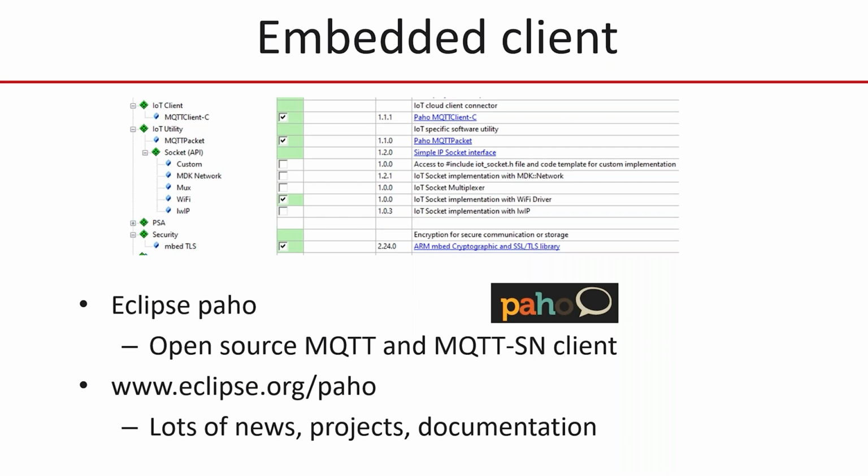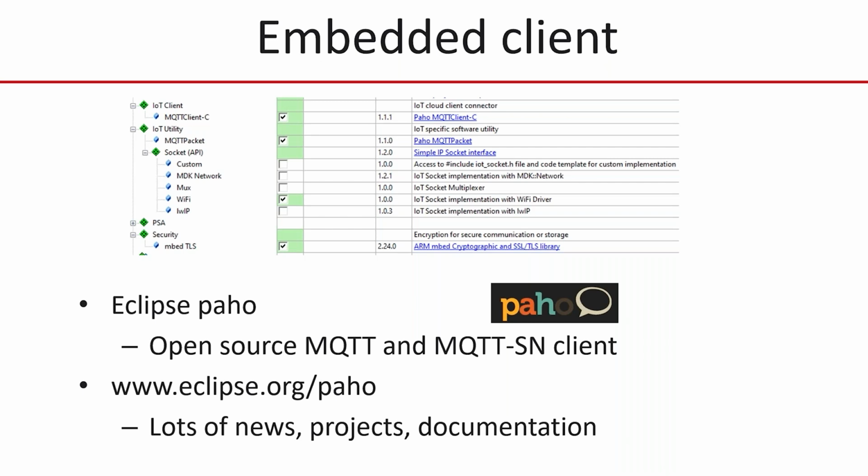So there's a new CMSIS Wi-Fi standard so that we can easily hook on to supported Wi-Fi modules and create secure communication sessions. As I mentioned before, there's also the Mbed TLS cryptographic library. So again, that can be added and integrated directly into this system as well.